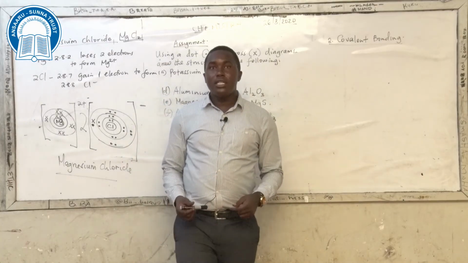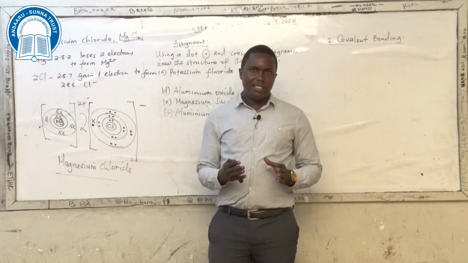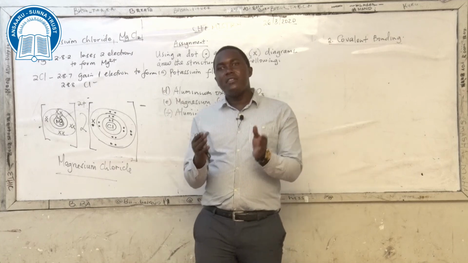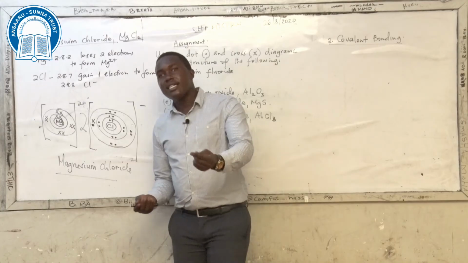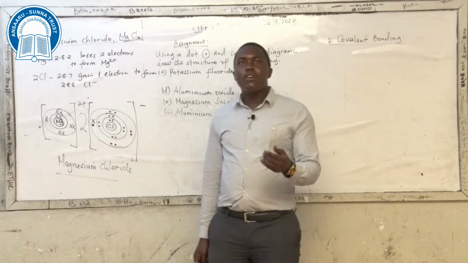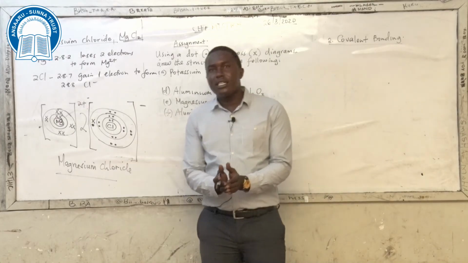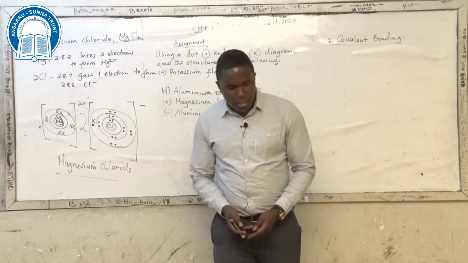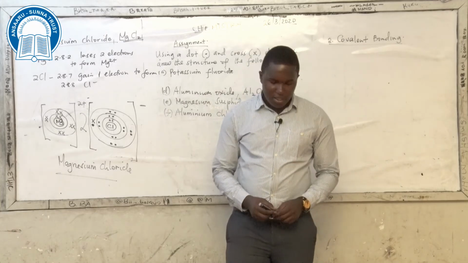From the previous bonding, which is ionic, you have seen that there is a group of atoms that find it very difficult to give away electrons. That is the non-metallic elements. The non-metallic elements have a tendency of gaining, and therefore when they are cornered in a bonding amongst themselves, they decide, okay, let us share these electrons, because no one is ready to give out.